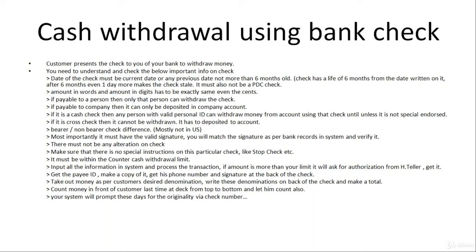But if it is more than 10,000, then the system will ask for an authorization, and you take that check and go to the head teller or the operation manager and get their signature on it and their authorization in the system.